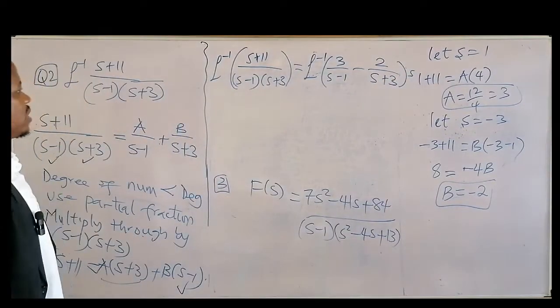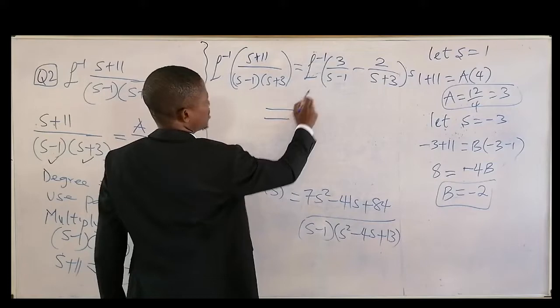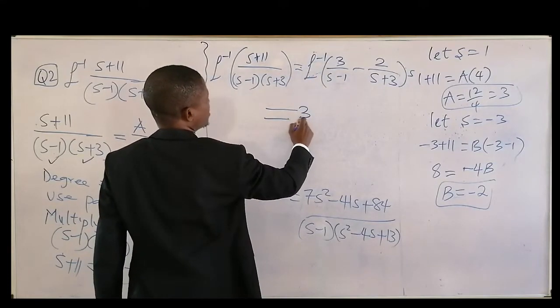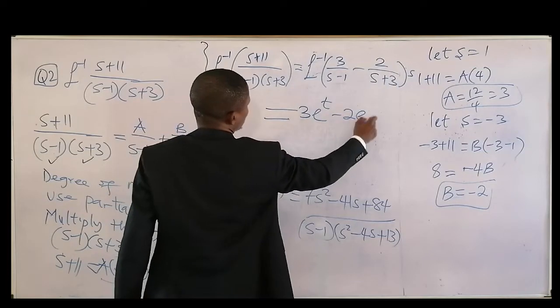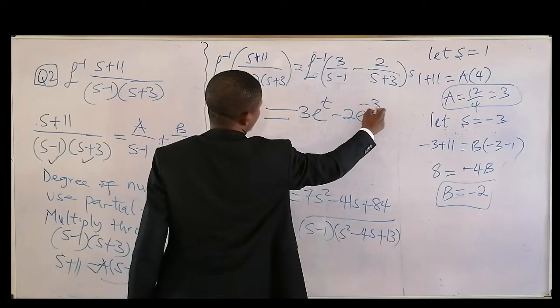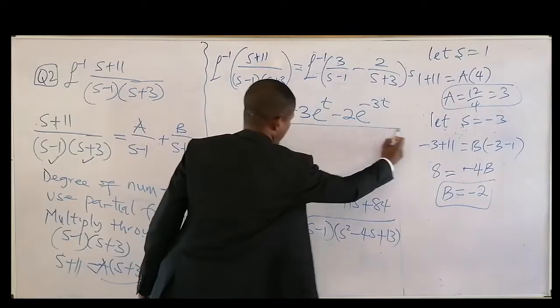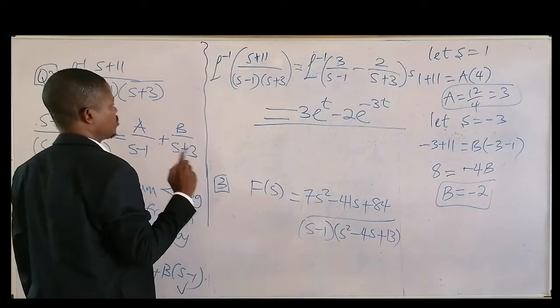Okay? Then without wasting time, final conclusion, 3 will come outside. Then we have 3 times this, then minus 2, e to the minus what? e to the minus 3t. Okay? So to buttress more, I want you to know something.